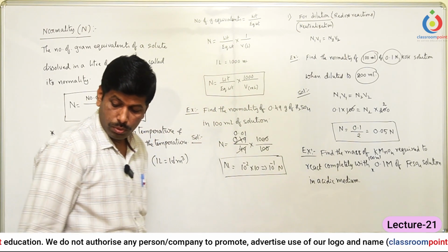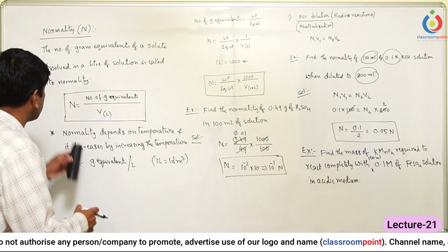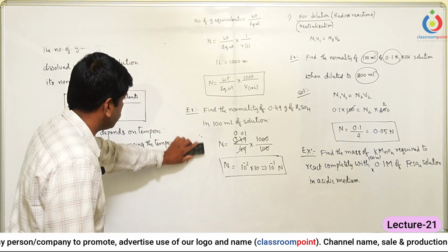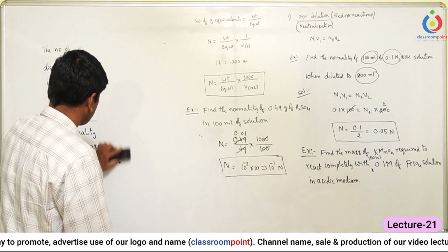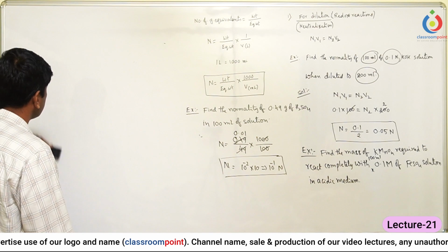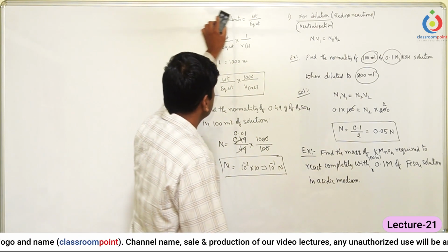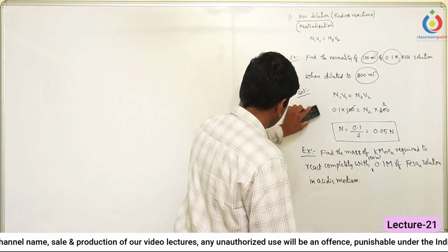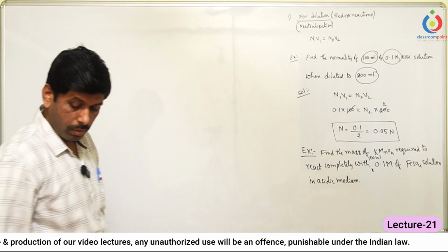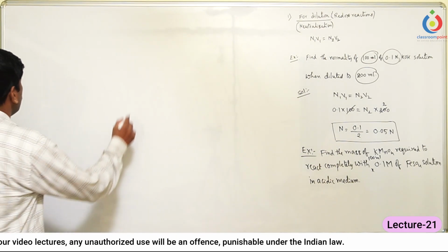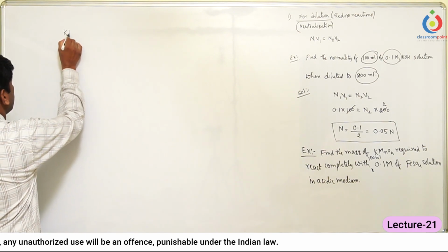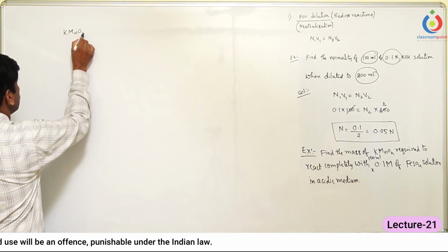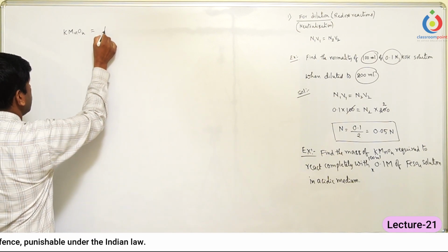So let us try to solve the question here. Here we can write that one side KMnO4 equals the other side FeSO4.